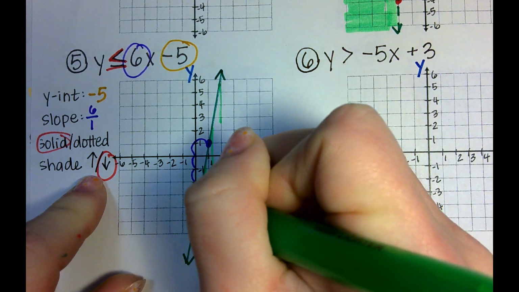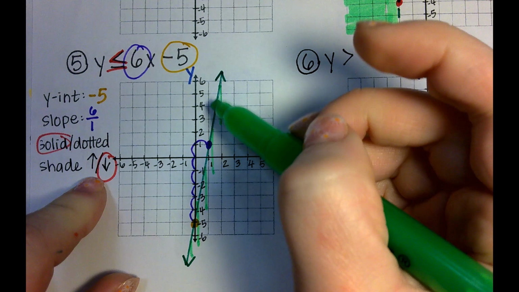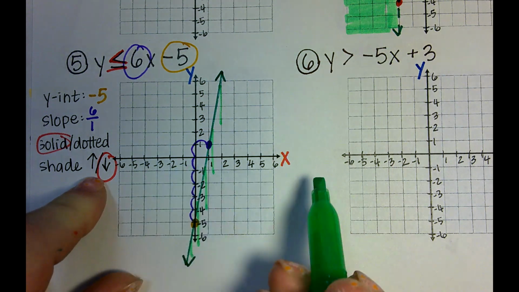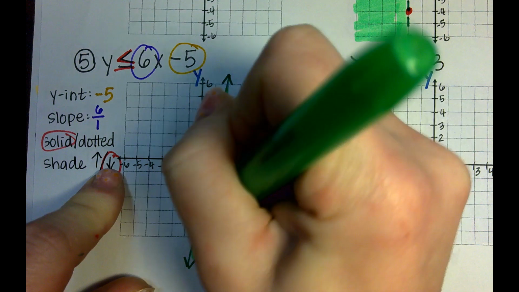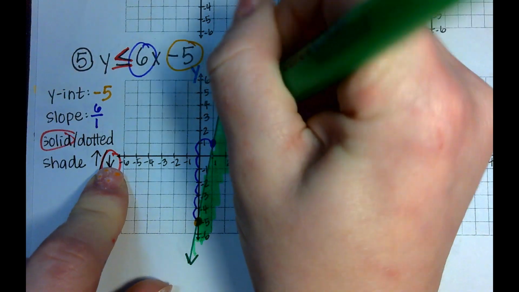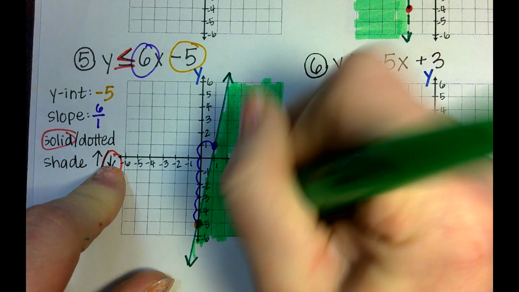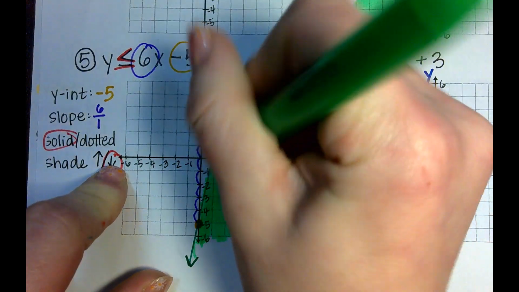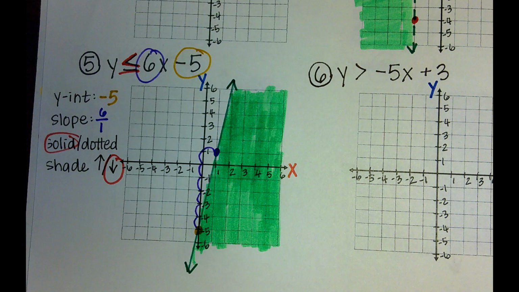Sometimes it helps to give myself a guide before I really shade it, and I see, okay, straight down from the line is actually to the right side of that line. So we're going to be shading here to be showing that it's less. Because that's technically under the line.